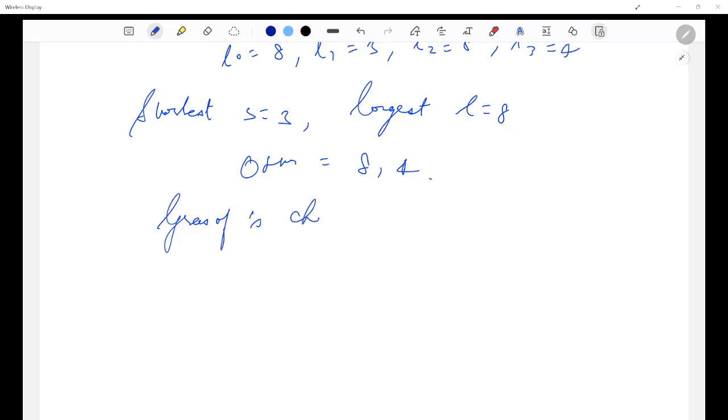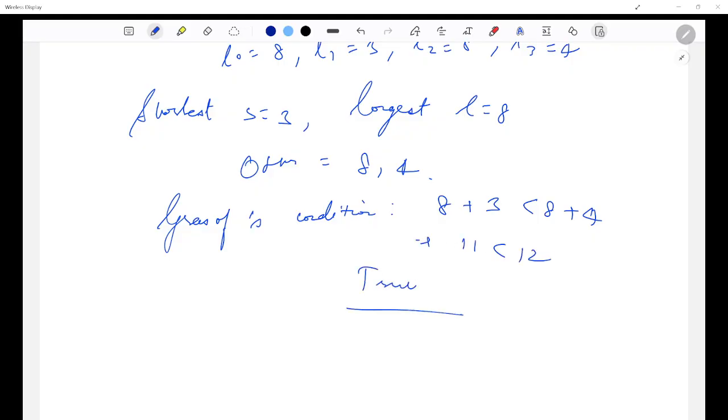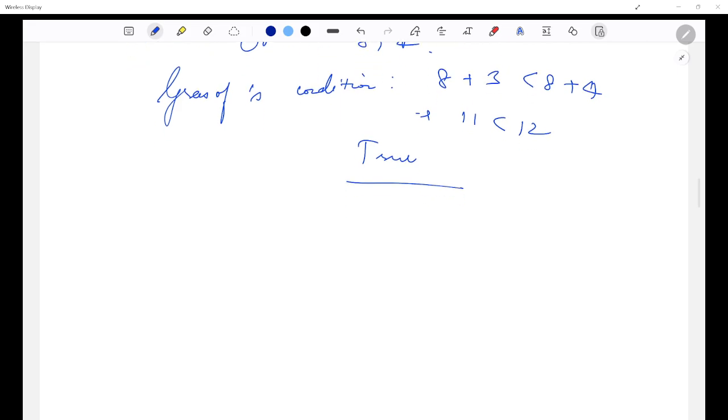From Grashof's condition, let's check it: 8 plus 3 is less than 8 plus 4. That means 11 is less than 12, so this is satisfied. It is true, so this is a Grashof mechanism, which means at least one link can rotate fully.